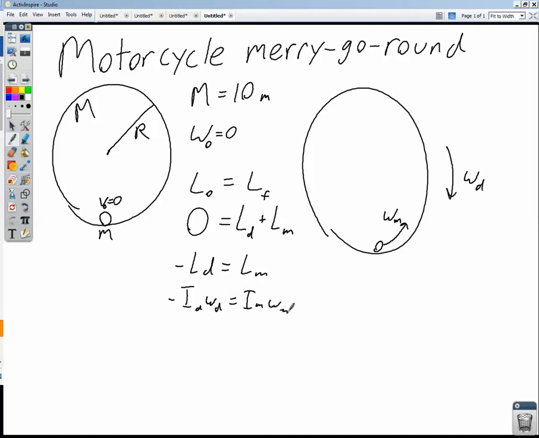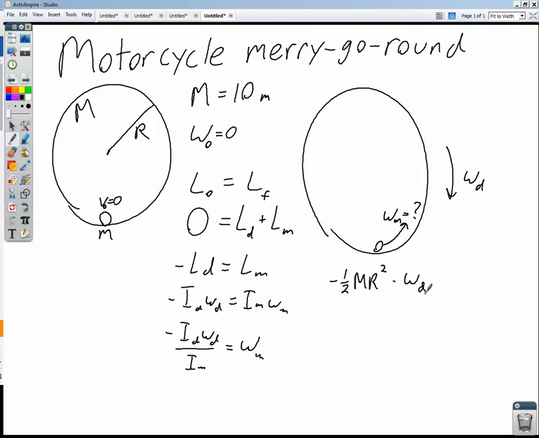So let's say that for argument's sake we're given omega disk. We want to find omega of the motorcycle. All right, so that's really easy to do. We've got negative I disk omega disk divided by I motorcycle is equal to omega of the motorcycle. So plugging in values, we have a solid disk, which is going to be negative 1/2 mr squared for its I, times omega of the disk.